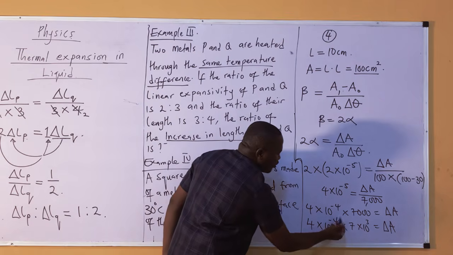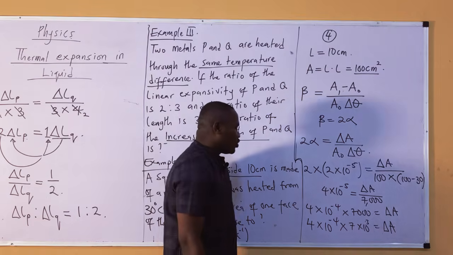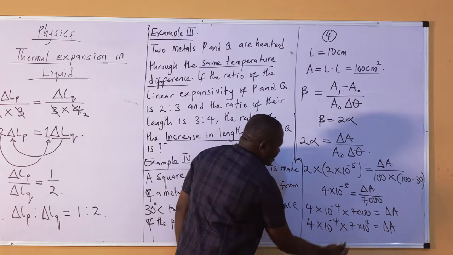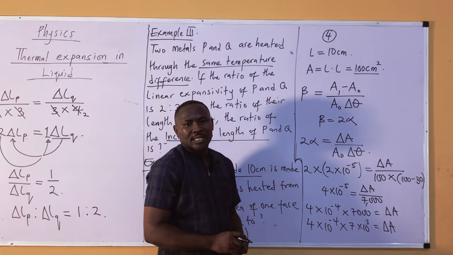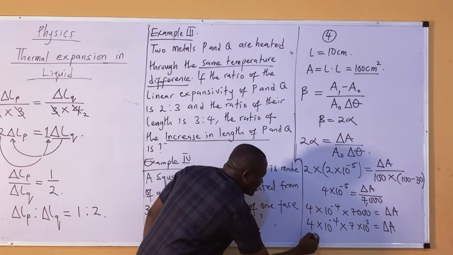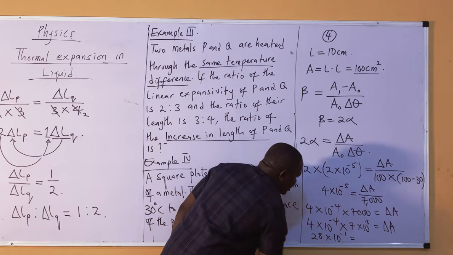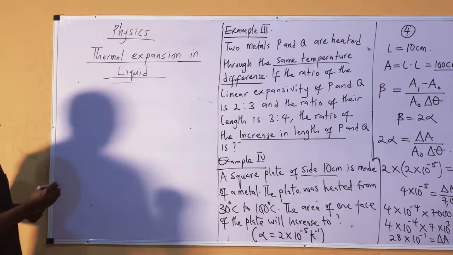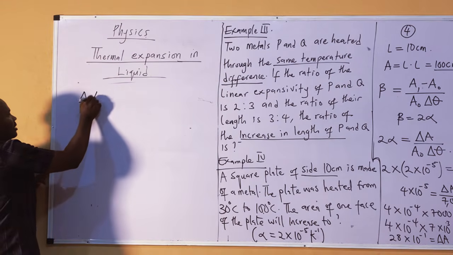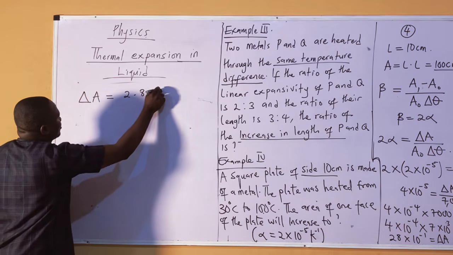Now minus 4 plus 3 will be minus 1. So what is 4 times 7? 4 times 6 is 24, 4 times 7 is 28. So now it will be 28 times 10 raised to the power minus 1 is equal to change in area. So our change in area is equal to 2.8 centimeters square.